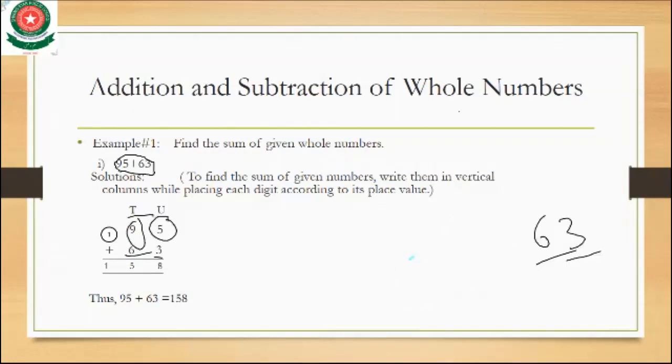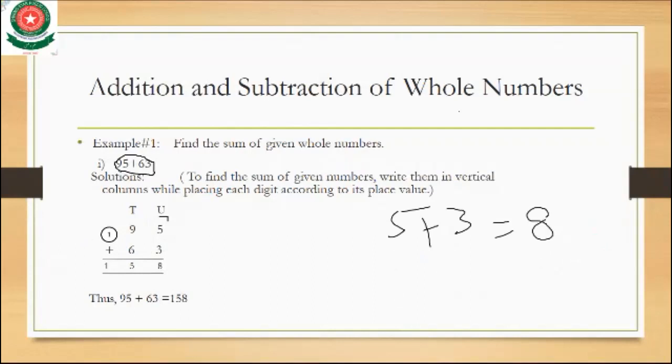So 5 plus 3 is equal to 8. We will write 8. Next is 9 plus 6, which is equal to 15. How can we write a two-digit number 15?